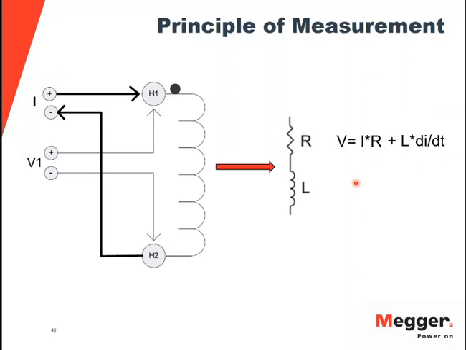And as you can see, the term L di/dt means that one of the components is the rate of change of current.